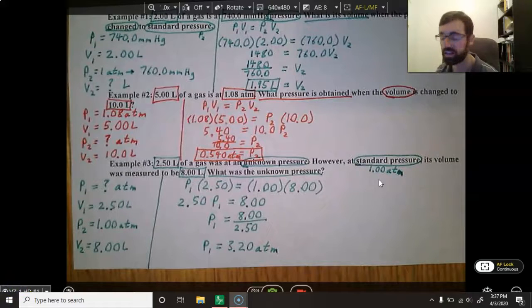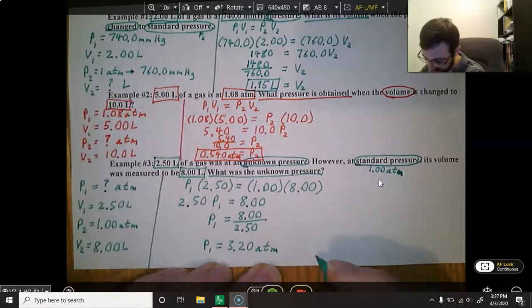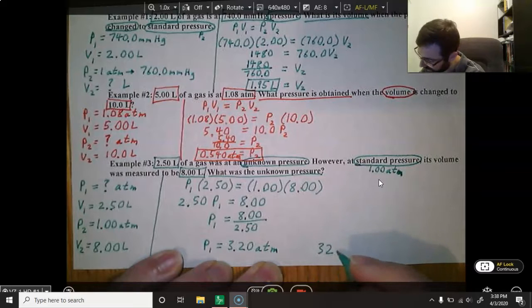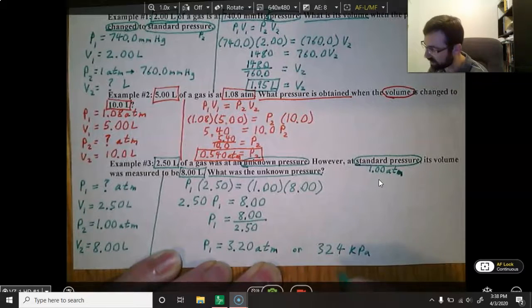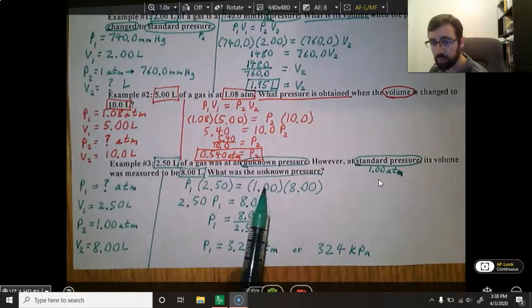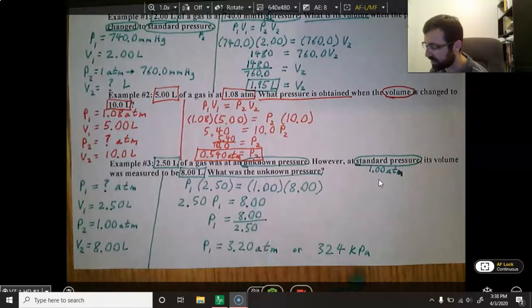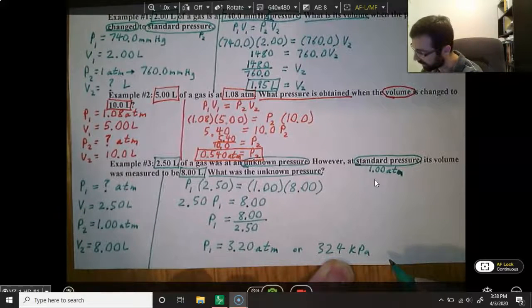All right, and just in case you decided to solve this in terms of kilopascals, the answer in kilopascals should be something like 324 kilopascals. Of course, this number would be different. That would be 101.3, and you're going to get a final answer of somewhere around 324 kilopascals. And if you were trying to solve it for millimeters of mercury, you should get something like 2,430.